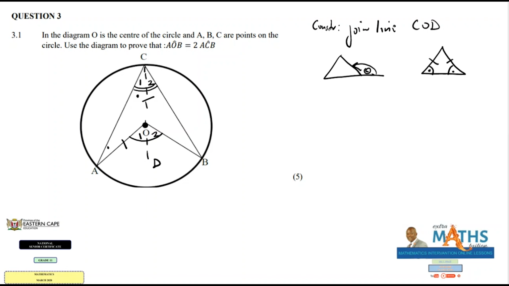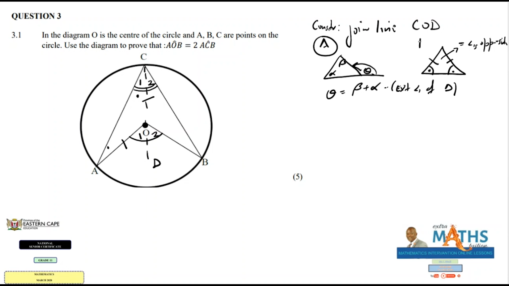And if I have an exterior angle, this angle plus this angle, theta, is equal to beta plus alpha. This is an exterior angle of a triangle. And for an isosceles triangle, we say equal angles, opposite equal sides. We'll use these two things on this theorem. These are very important.